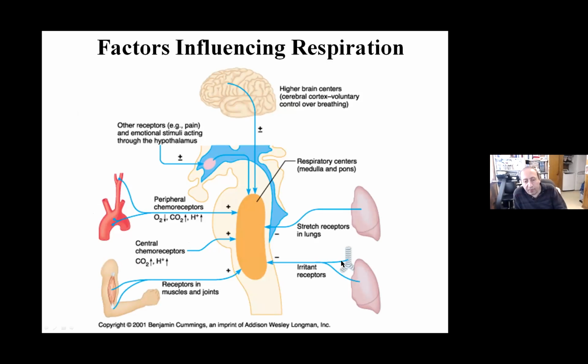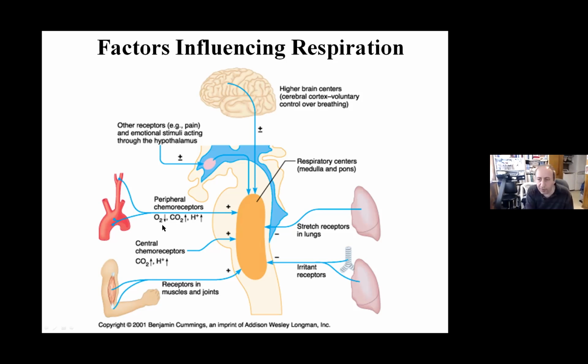Now, what are the factors that affect the breathing rate and the depth of breathing? There are so many factors. First, you have the chemoreceptors.